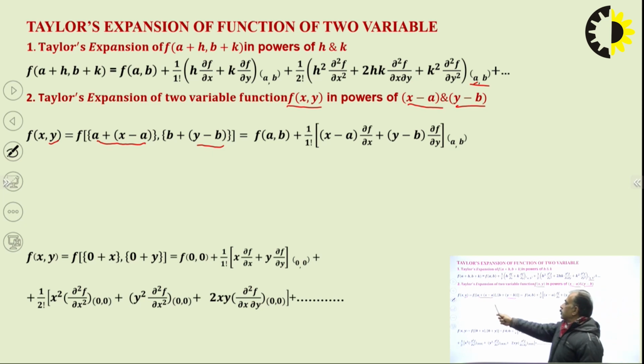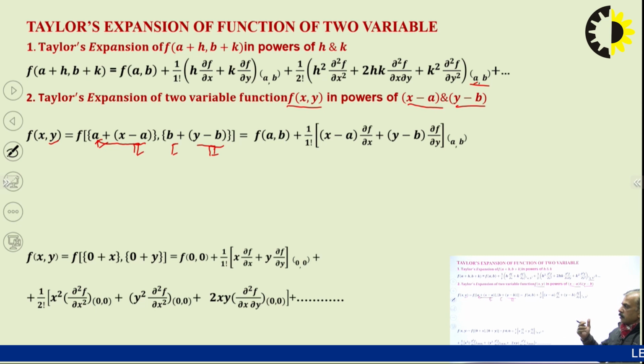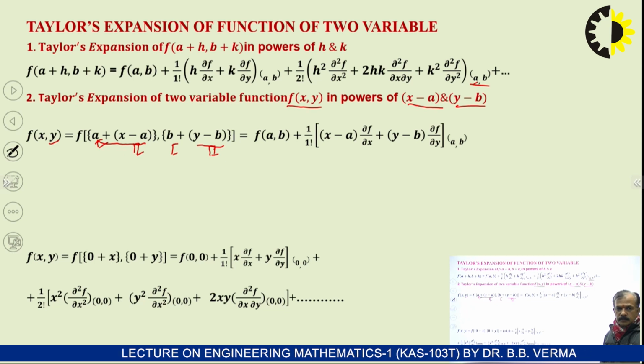So, this is the first part of the first term, this is the second part of the first term, this is the first part of the second term, this is the second part of the second term. So, we expand this function in powers of the second part of these two terms, with the values of the function and its derivatives at the first part of both terms.